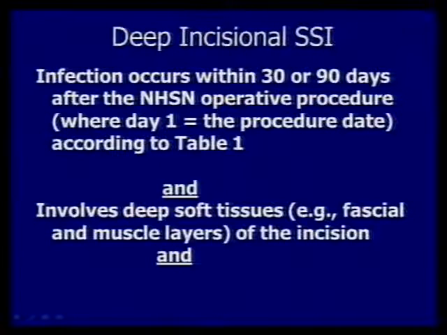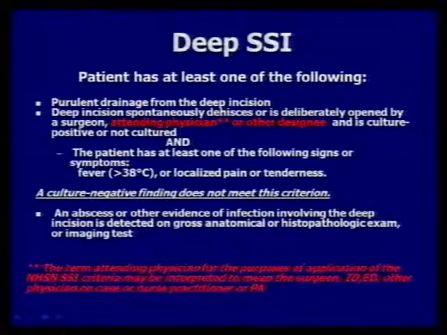So for deep, remember now we've gone past the subcutaneous tissue and we're down into the fascia. So for a deep incisional, that infection can happen between 30 and 90 days depending on the procedure you're doing surveillance on. Again, procedure date is day 1, and it involves the deep soft tissues, fascial and muscle layers of the incision.